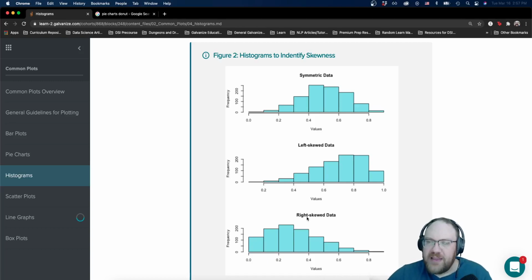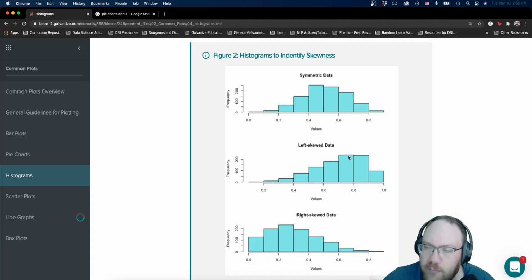Now, if we think about what it means for a data set to be left skewed or negatively skewed, we have frequency on our y-axis here. We have a range of values between 0 and 1 for each of these plots. What we're saying is that on the left side, there are more negative outliers, right?